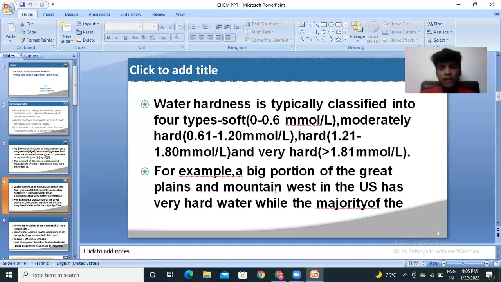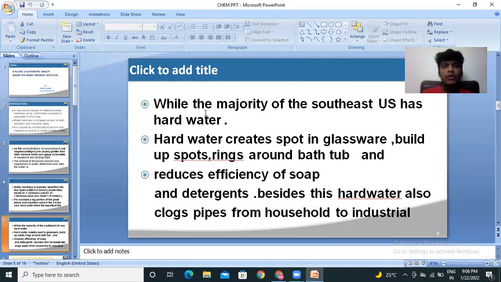It means that the plains and mountains in the west side of the US have a concentration of 1.81 mole per liter. That's why the water is very hard. So here we can see one more example also: the majority of Southeast US has hard water.